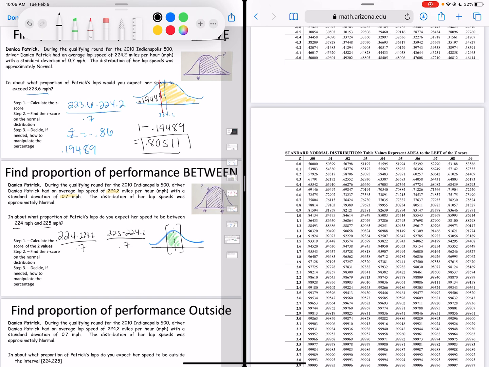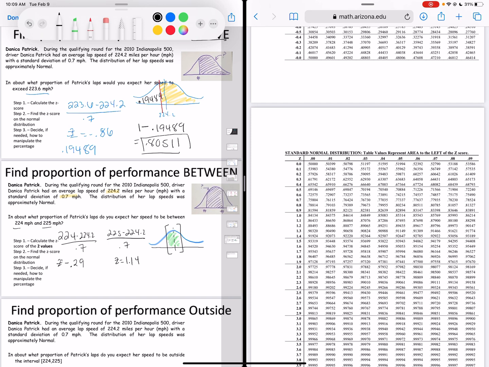So this z-score was negative 0.29. Okay, and then this z-score is going to give me 1.14.